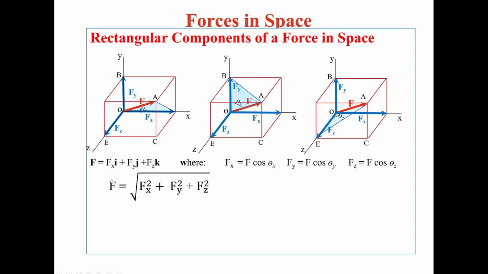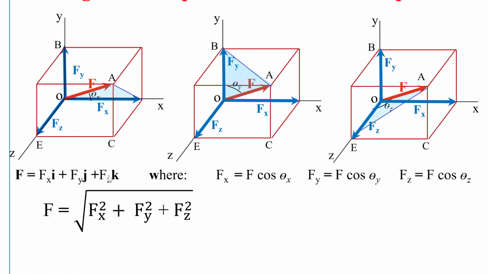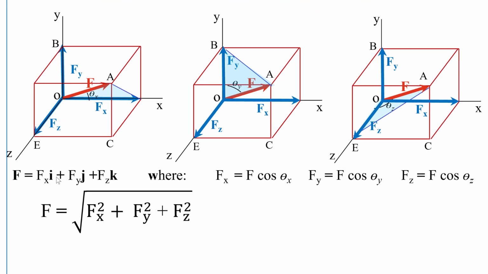Now once you know the components, I can represent the total force as three components: F_x in the i direction, F_y in the j direction, and F_z in the k direction. i is a unit vector in the direction of the x-axis, j is a unit vector in the direction of the y-axis, and k is a unit vector in the direction of the z-axis.